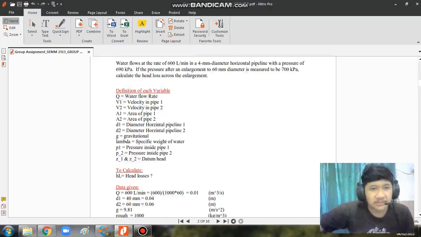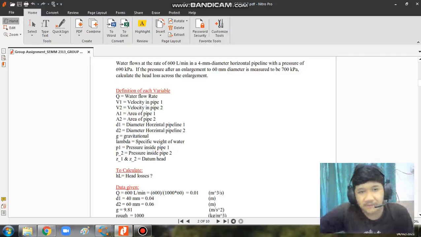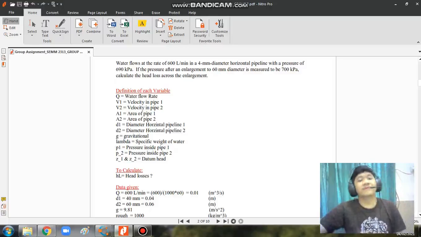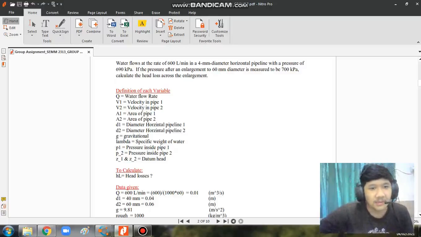So this is the manual solution from me. Maybe you can correct me, you can chat in the comments. This is the definition of each variable before we start with the given data. Q is the water flow rate, V1 is the velocity in pipe 1, and V2 the velocity in pipe 2. A1 is the area of pipe 1, A2 the area of pipe 2, D1 the diameter of horizontal pipeline 1, D2 the diameter of horizontal pipeline 2.